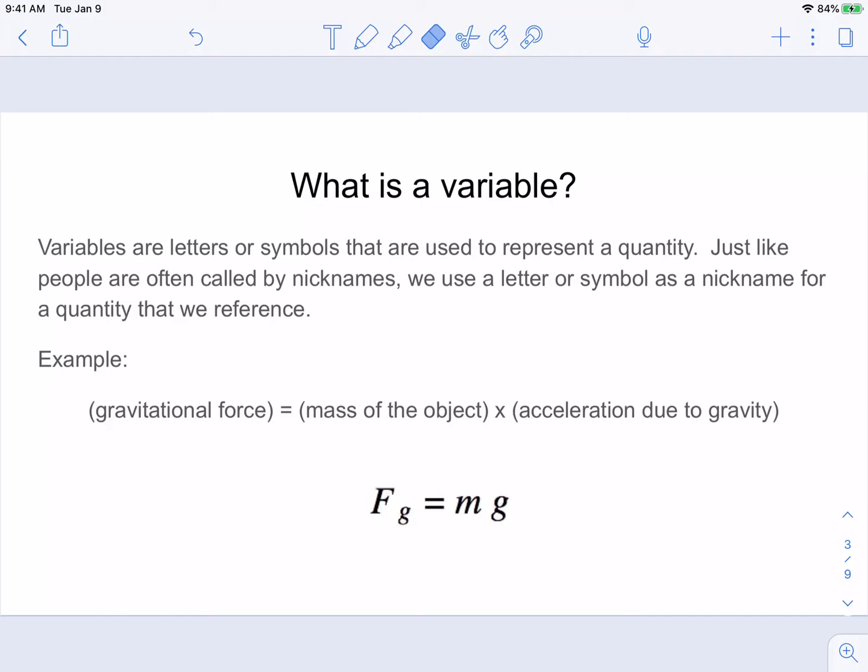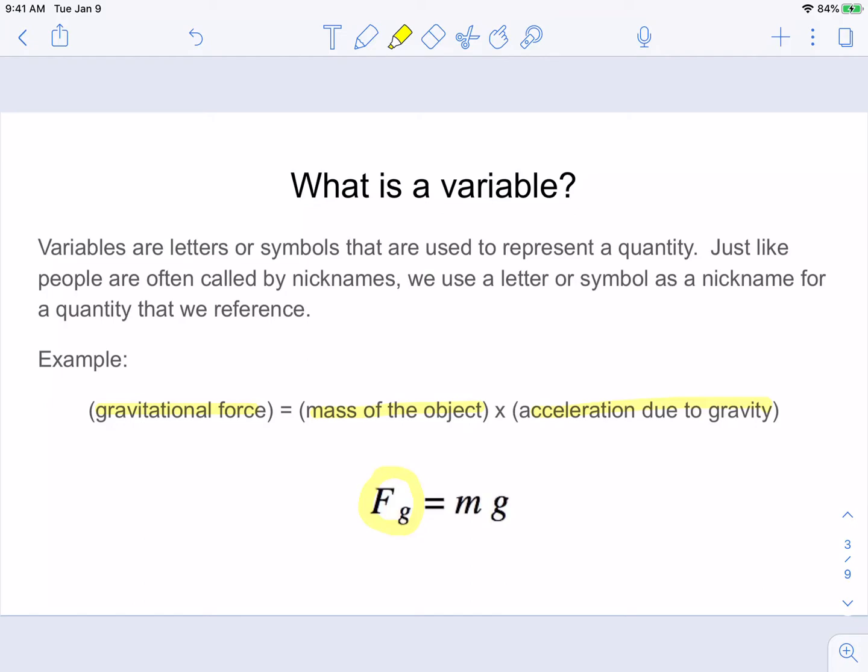If you take a look, terminology-wise, what I'm stating is that the gravitational force is equal to the mass of an object times the acceleration due to gravity. So there are three separate variables I'm going to use here. I'm going to use one variable for gravitational force, and that variable is right here.